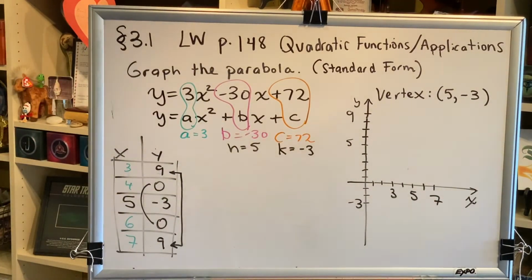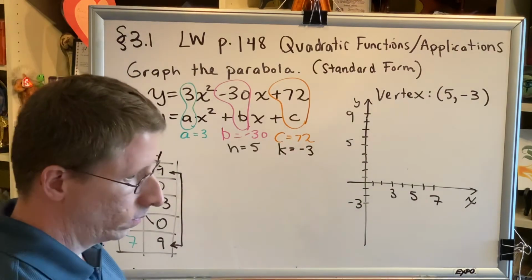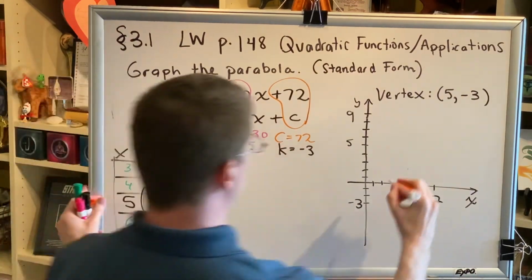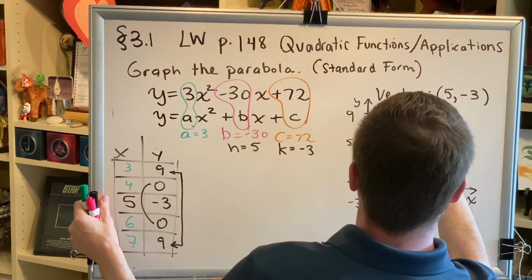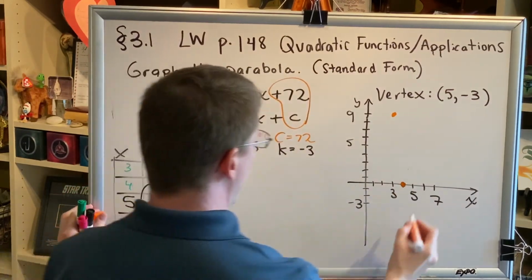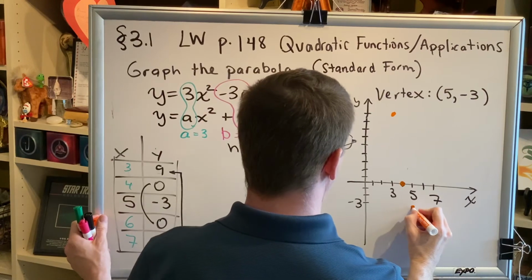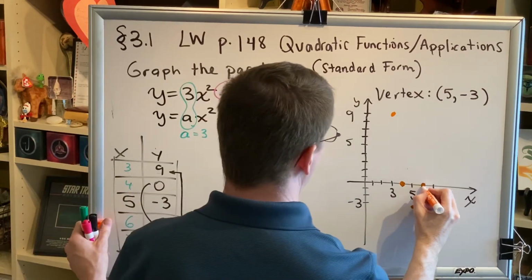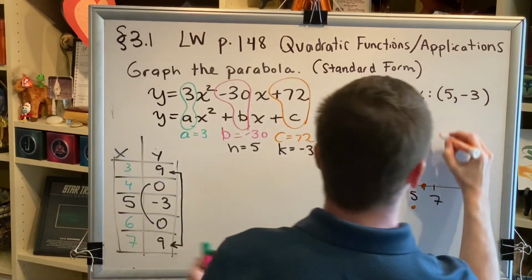All right, let's plot some points. 3, 9, 4, 0, 5, negative 3, 6, 0, 7, 9.